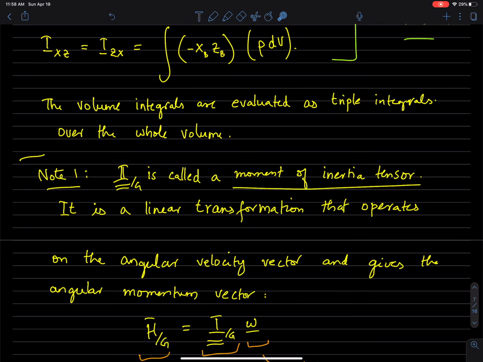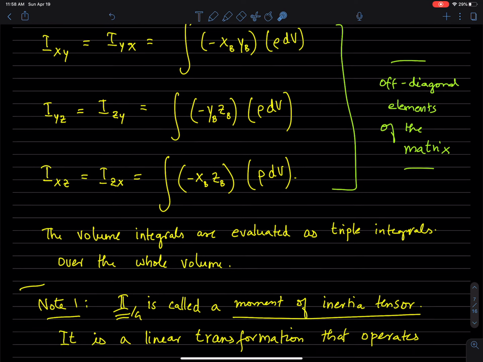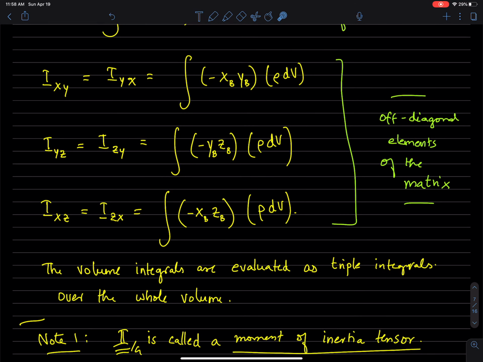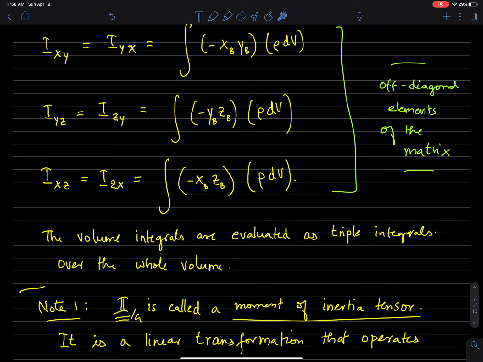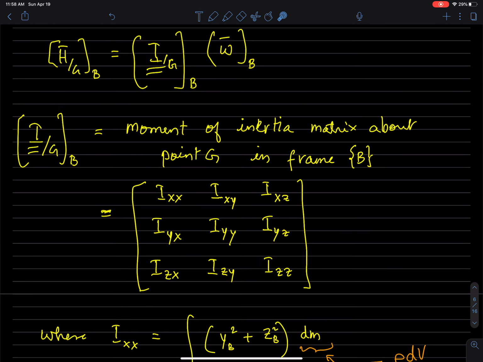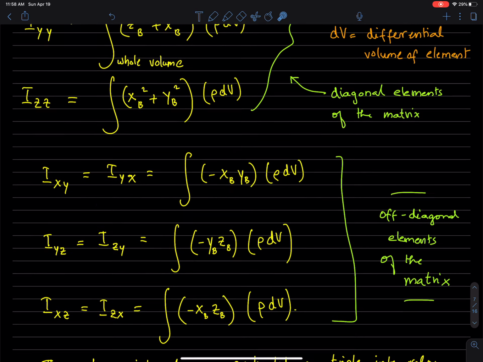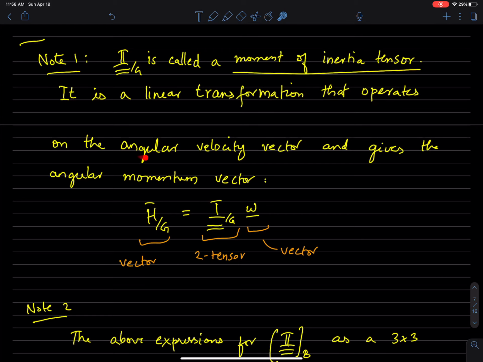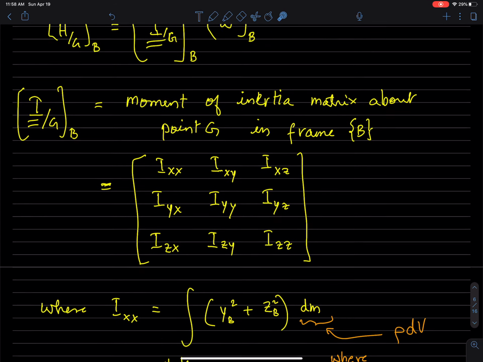Okay, so that's the matrix, the elements of the matrix. These elements are the elements as this tensor, moment of inertia tensor, is represented in frame B. Okay, so Ig is called the moment of inertia tensor. It is essentially a linear transformation that operates on angular velocity, right?